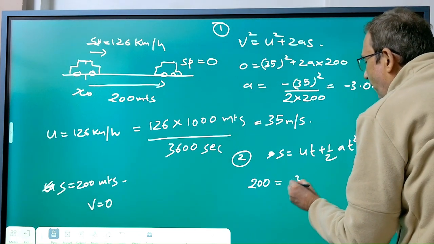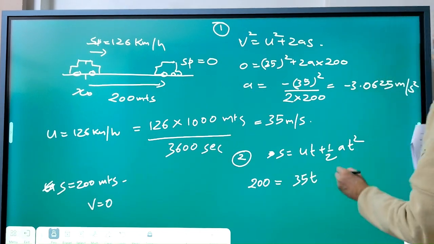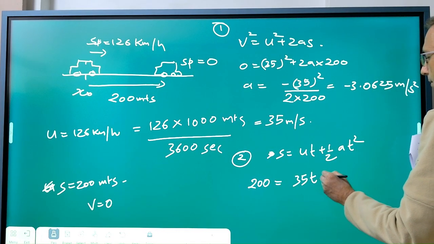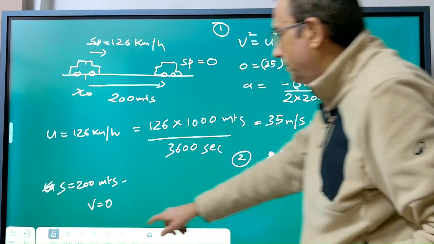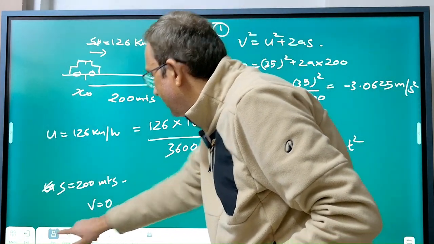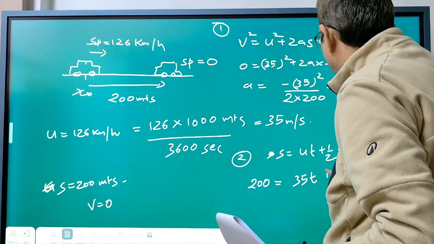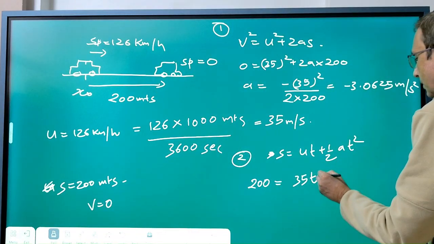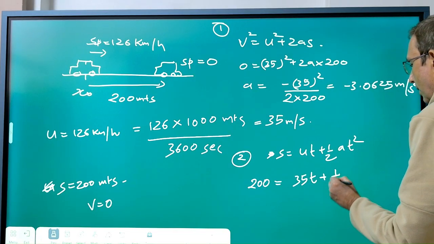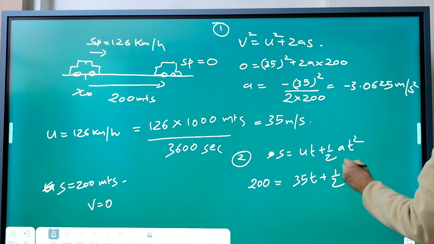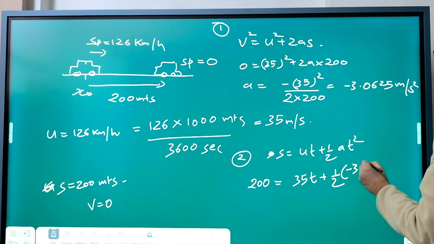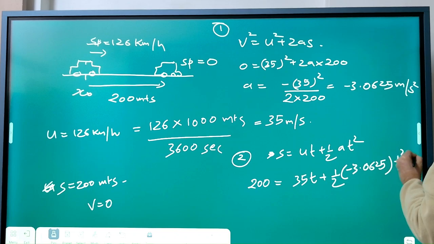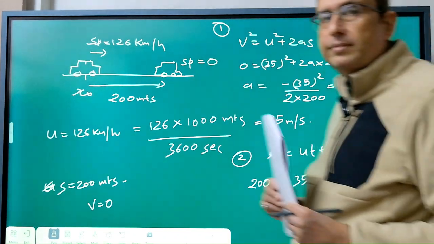So 35 into t plus half, then you have a, which is minus 3.0625, times t square.